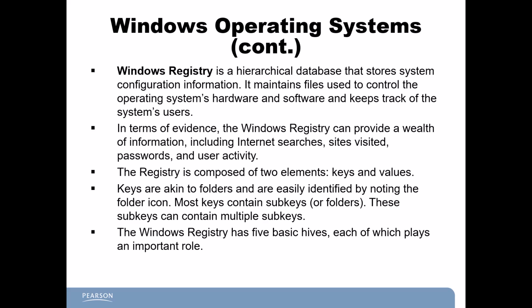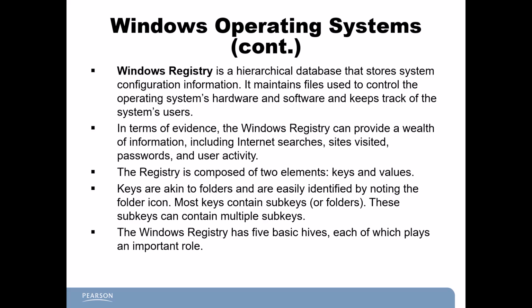A key is basically like a folder that allows us to easily identify by noting a folder icon, and most keys will have subkeys or subfolders, and the subfolders can have multiple subkeys and so forth, so a folder inside of a folder. And then we have the value, which is actually the data inside the folder. So most people are familiar with like a Word document inside of a folder. The key is the folder, the value is the data inside the folder.